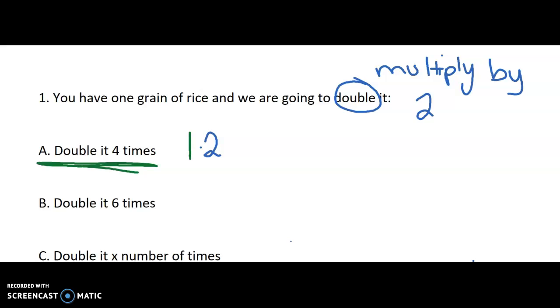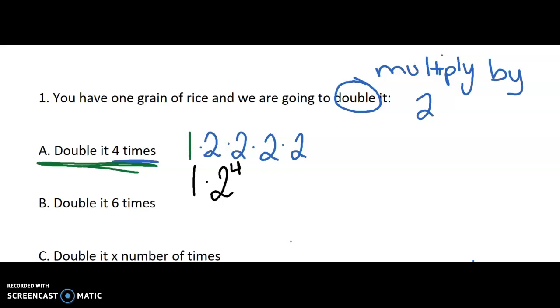But I want to multiply it by 2 4 times. So we're going to do 1 times 2 times 2 times 2 because I want to double it 4 times. What's another way I could write this? I could do this 1 times 2. How many times did I multiply 2? 4 times. So that would be 1 times 2 to the 4th.